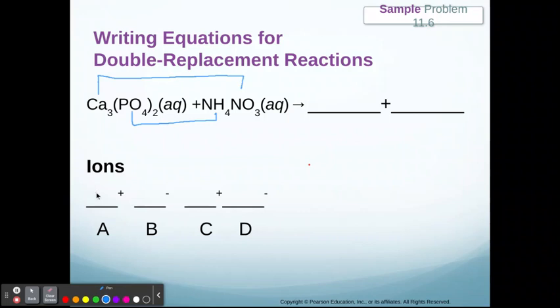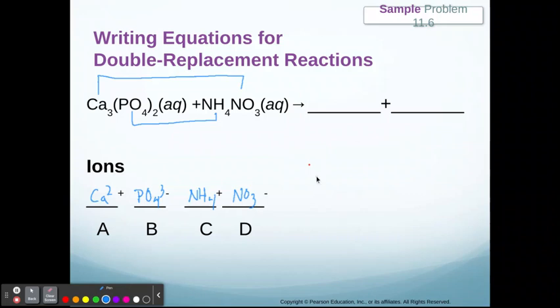So we're going to write down our ions, like so. Now, I want you guys to pause the video, crisscross the appropriate compounds to get your AD and CB. Try that on your own, then check with me my answers when you're done. Pause the video now.